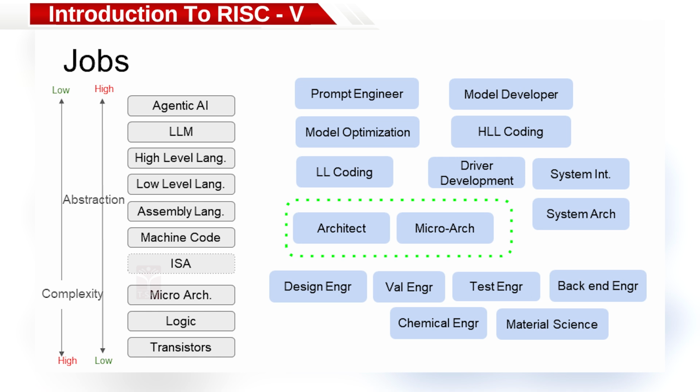And then on the right side, I show various kinds of jobs. Let's see the very top. You hear this thing called prompt engineer. With all these tools today, all you need to do is write the right level of prompts and you get what you want. Coding, for example: earlier, people used to code, and even in my own organization people used to do Python coding.